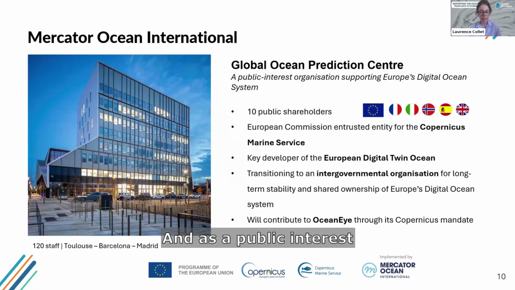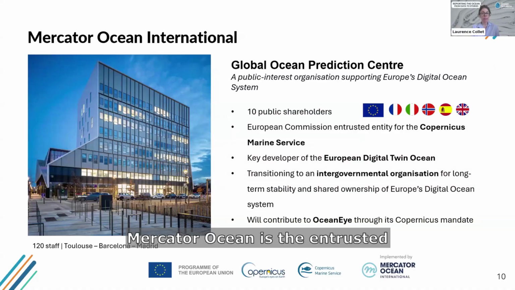And as a public interest organization, it supports Europe's digital ocean systems. So with this strong public interest mission, Mercator Ocean implements EU and UN ocean prediction programs and is owned by 10 public shareholders in France, Spain, the UK, Italy, and Norway.